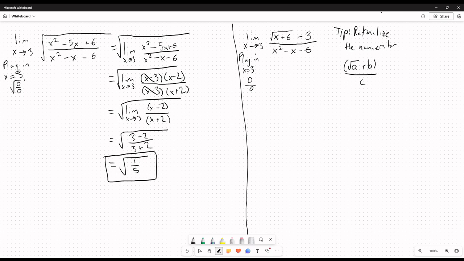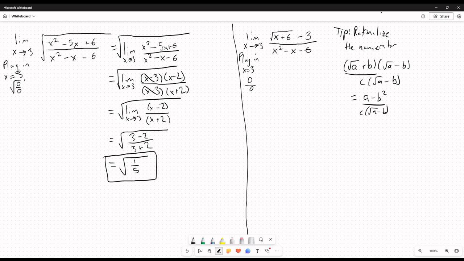What I can do is I can multiply both sides by square root of a minus b, and what that's going to get us is this simplifies into a minus b squared over c times square root of a minus b.